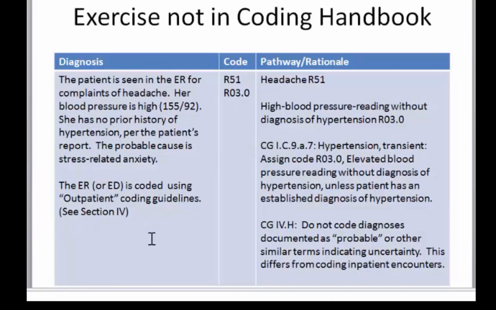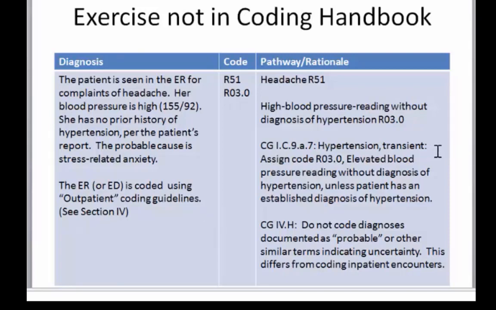It used to always be the ER, but most recently, over the last 20 years or so, it's called more often the emergency department. When you are coding cases for patients seen in the ED, you're going to use the outpatient coding guidelines, which is section 4 in your coding guidelines, and you're going to be coding primarily symptoms. If you don't have a confirmed diagnosis, you're going to be coding symptoms.